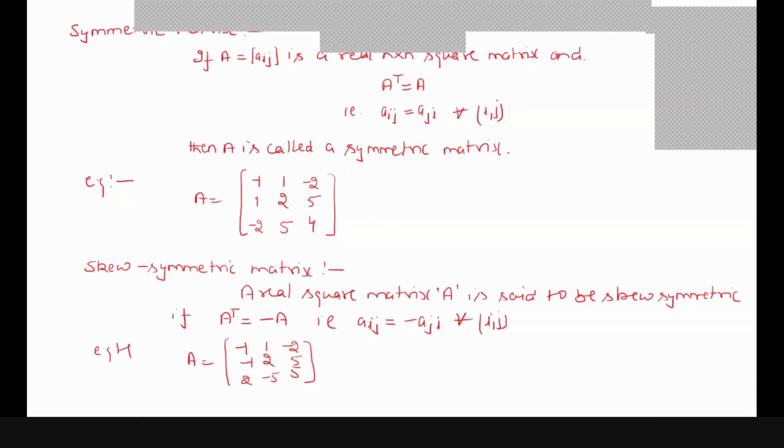Then as per this definition, what should be the diagonal entries of a skew symmetric matrix? For diagonal entries, i is equal to j. So it means Aii is equal to minus Aii. That means 2Aii is equal to 0. This implies Aii is equal to 0. Is it clear?